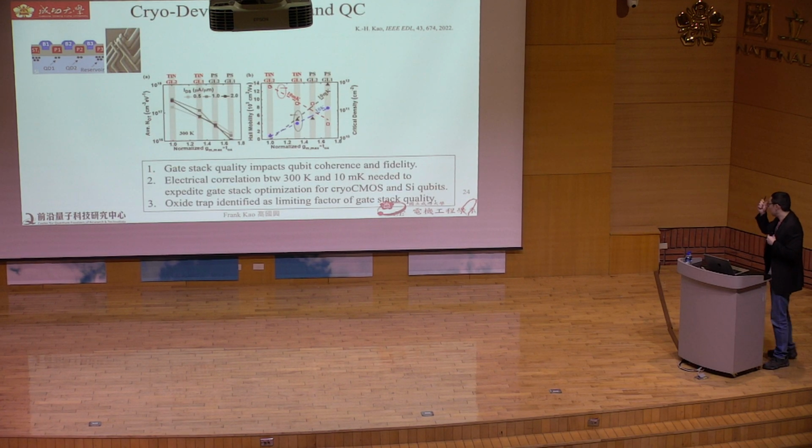Okay, on the left-hand side here, I show you the image of a silicon MOS qubit, and this is the cross-section of the device. To control the qubit, you need multiple fingers to operate the quantum dot.